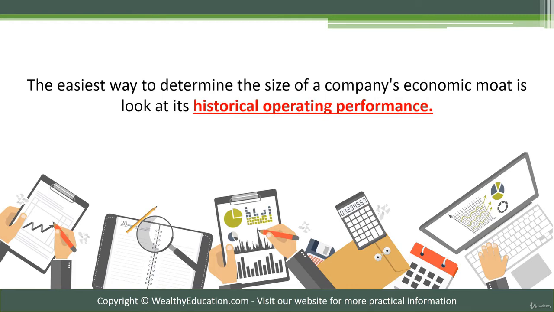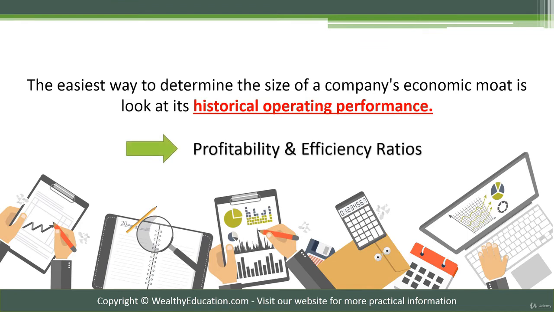To evaluate a company's operating performance, you can use some profitability and efficiency ratios. Then you can compare its ratio values with that of its competitors and the industry average. If the company you're evaluating maintains a better and more efficient operating performance than its competitors, it's clearly the winner, and you can expect that it will survive in the next decades.